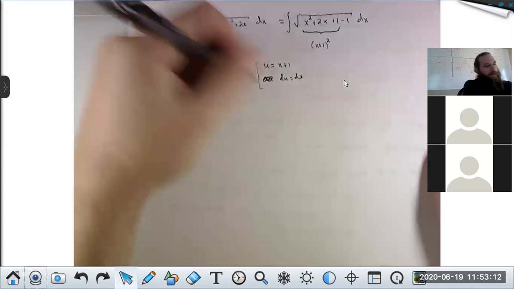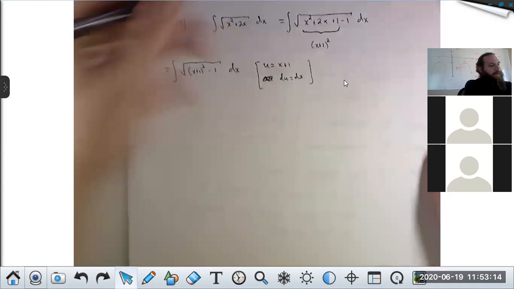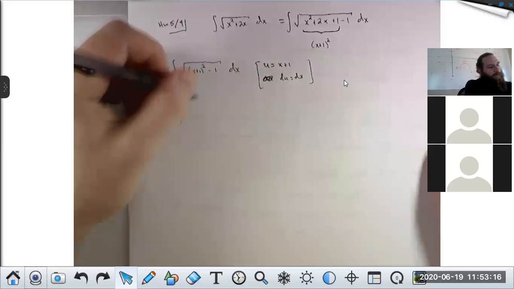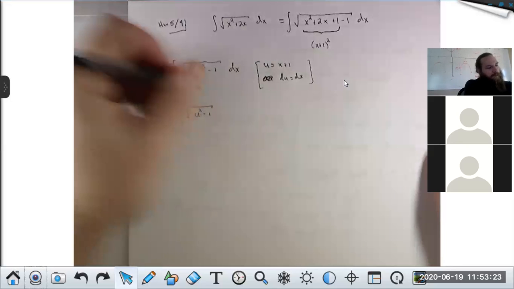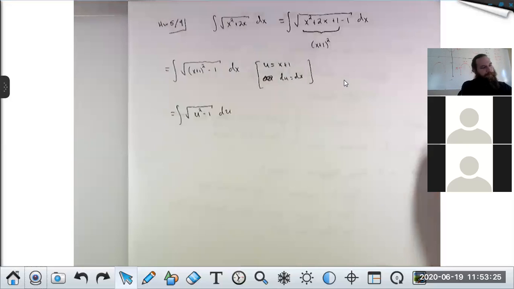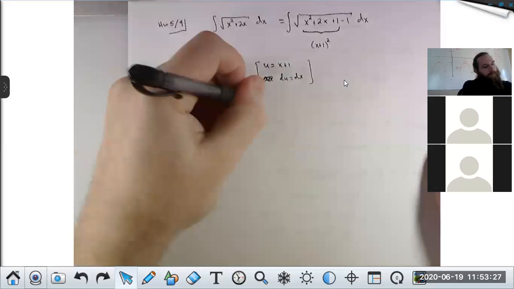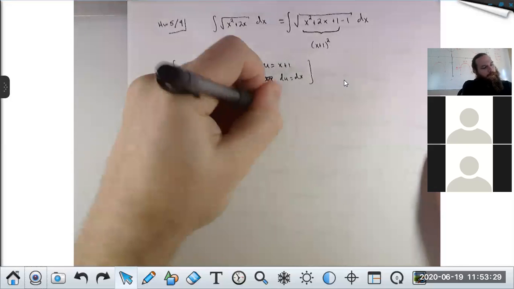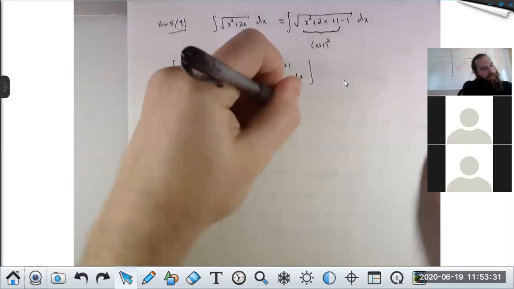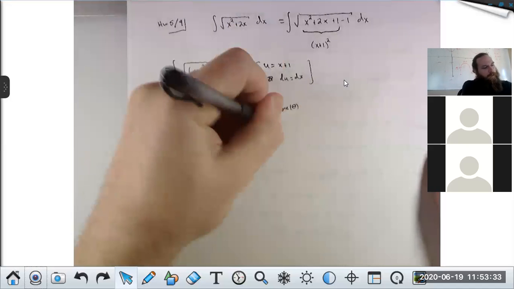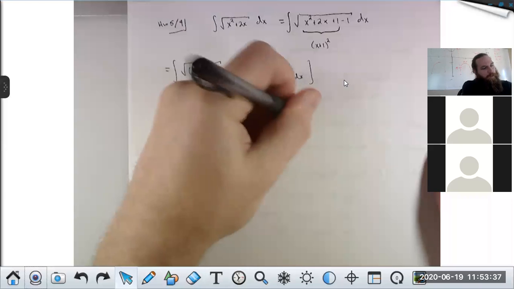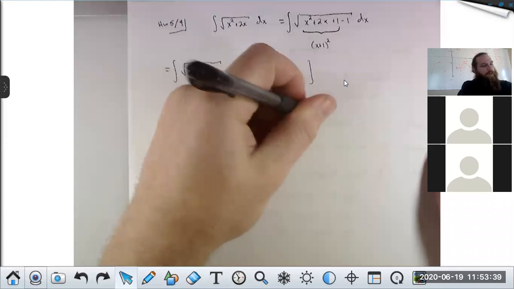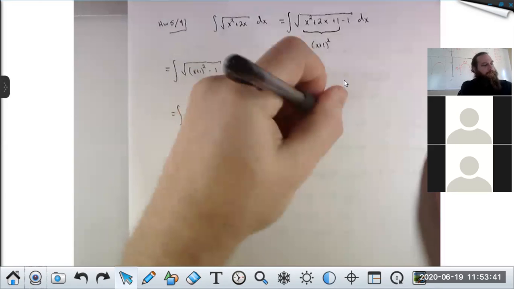So I substitute u equals x plus 1, du equals dx. This becomes the integral of the square root of u squared minus 1 du. And then we do the trig sub, which for this guy would be u equals secant theta. du is secant theta tangent theta d theta.